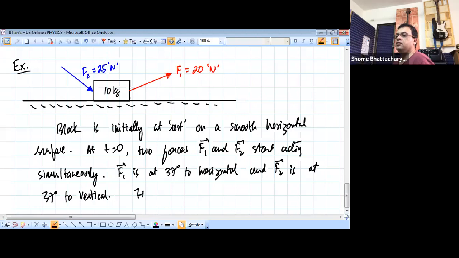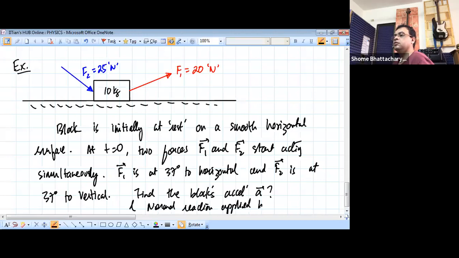Find the block's acceleration and the normal reaction applied by the floor. Take g to be 10.